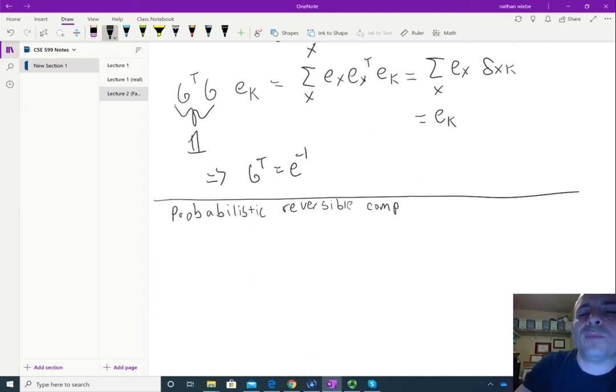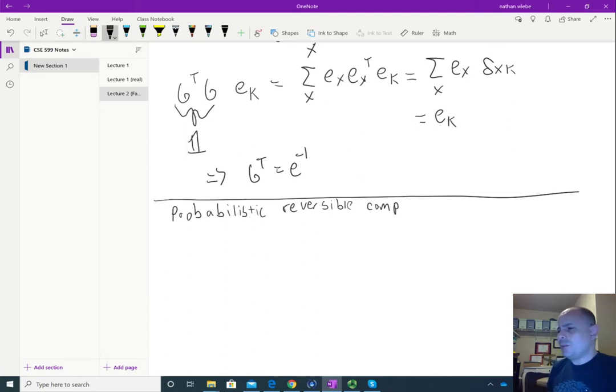So the way that we're going to do this is we're going to follow exactly the same formalism that we had over here, but instead we're going to allow the bits that come in to be probabilistic rather than deterministic.